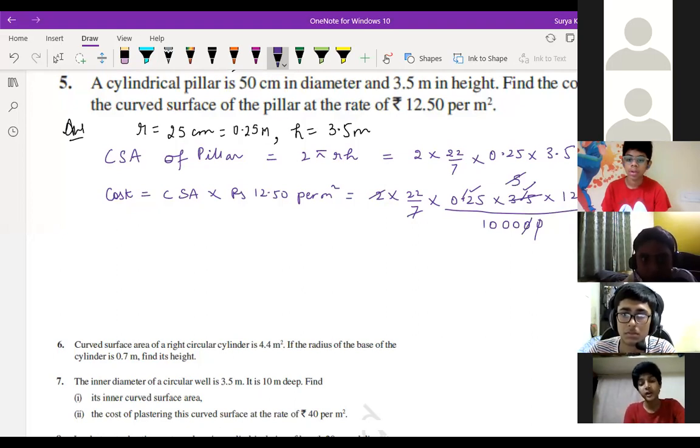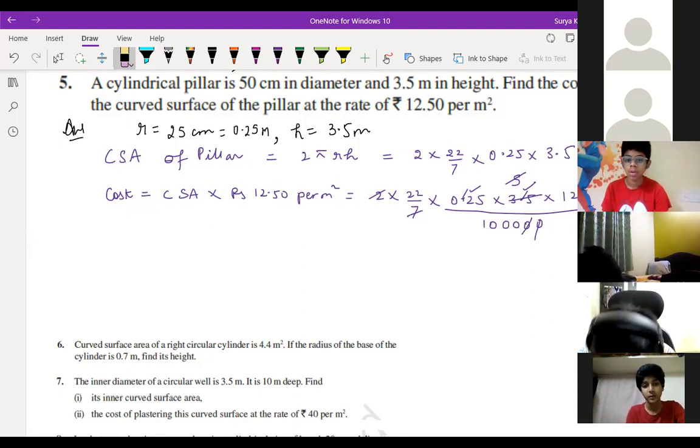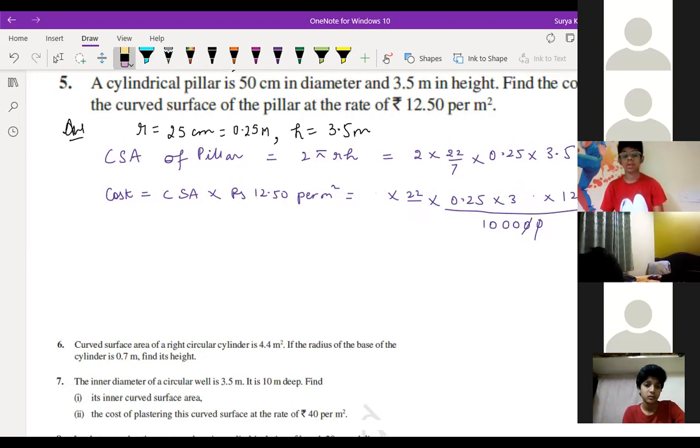Sir, you can write directly 11 by 2 into rupees 12.50. Instead of 2 into 22 by 7 into 3.5, 1 minute. Tell me what you are saying, Sai Charan.